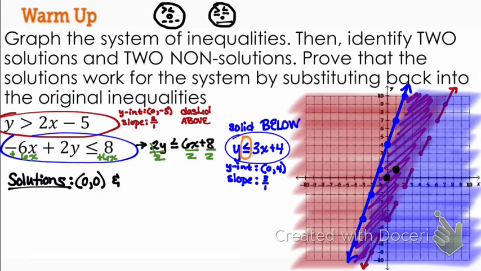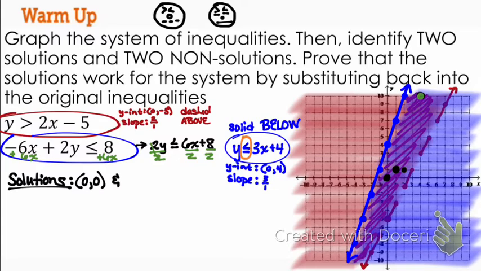Anything else? What else could work as a solution? 2, 1 could work. What about 4, 10? Would that work? Yeah. 4, 10, yep, that is in our double shaded space, so that would work. Any of the points in this double shaded space would work as solutions.